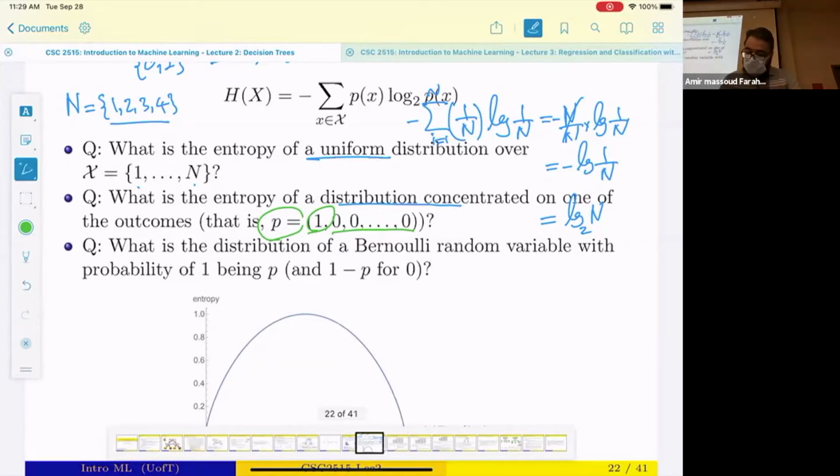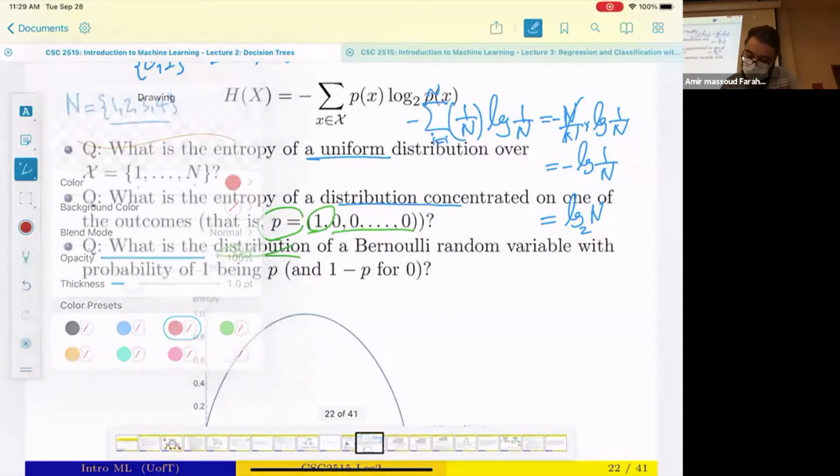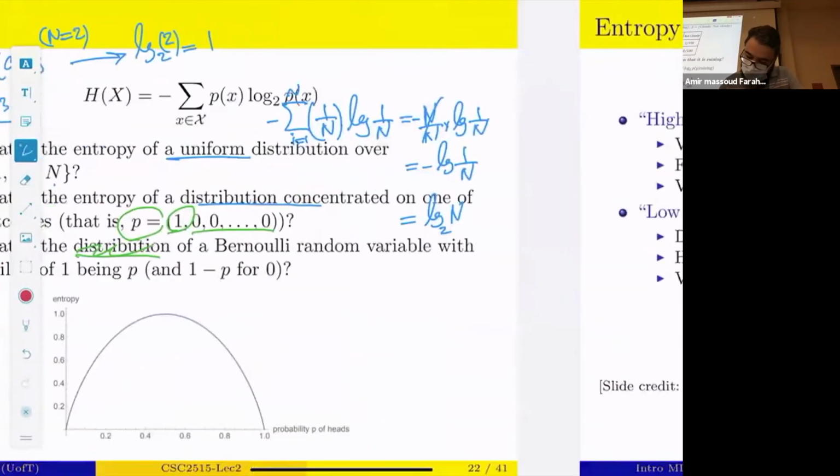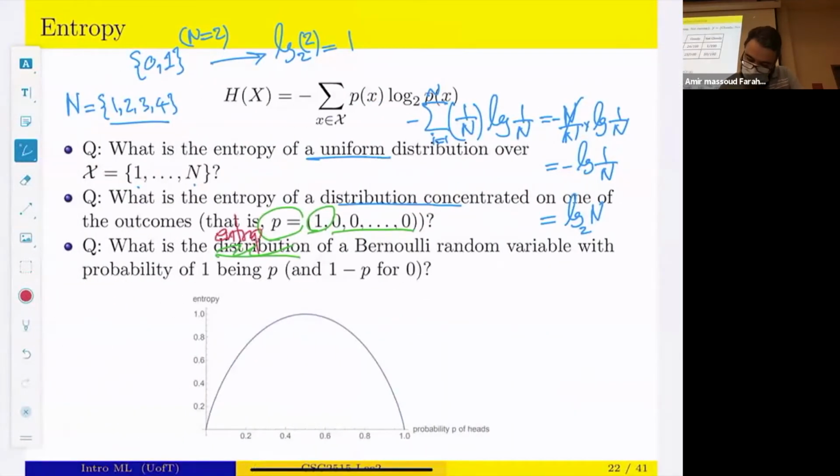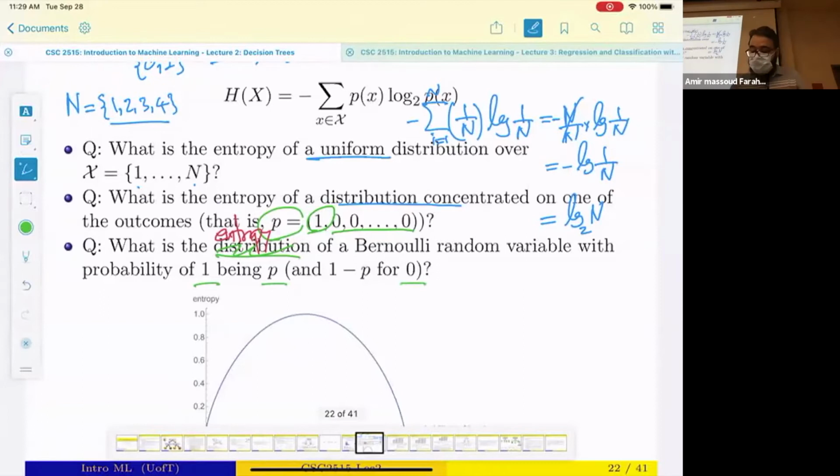And then you can compute the entropy of a Bernoulli random variable with probability of 1 being P and 0 being 1 minus P. The case of a fair or unbiased coin is an example of a Bernoulli distribution.